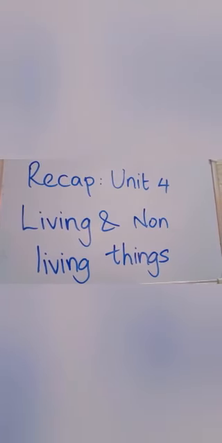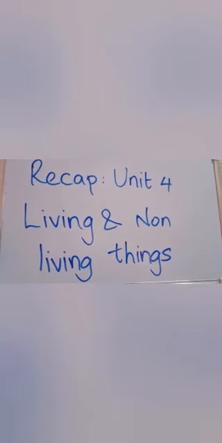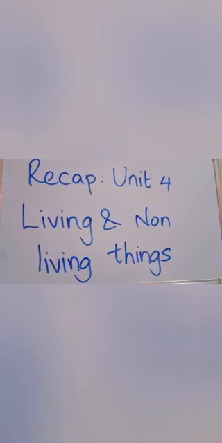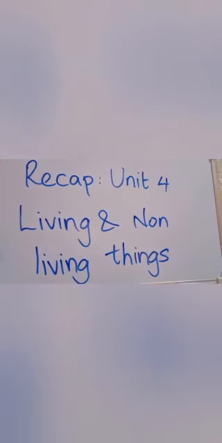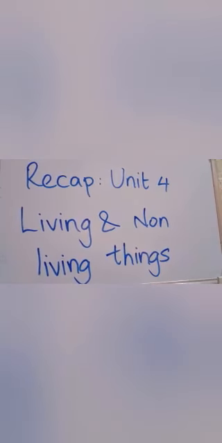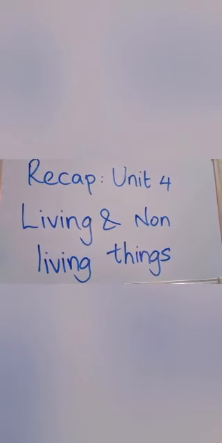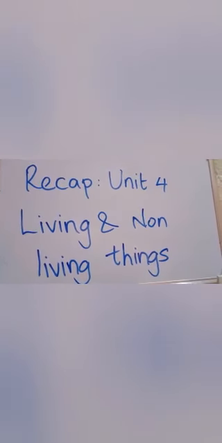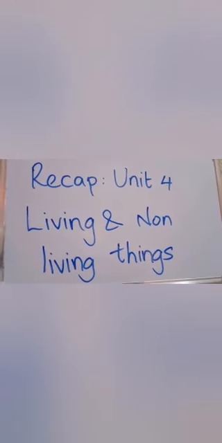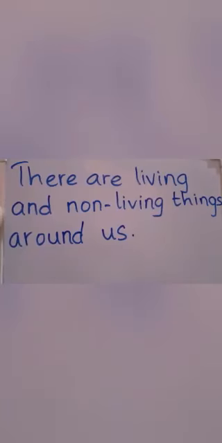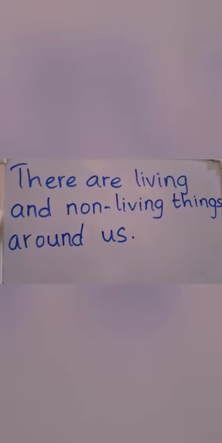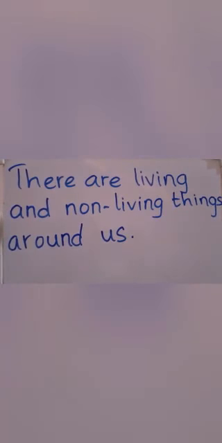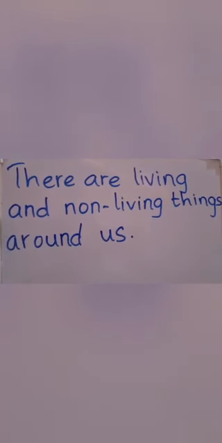Now that the book is over, we are going to do a recap on Unit 4, that is living and non-living things, before starting with a new book and a new chapter. There are living and non-living things around us.